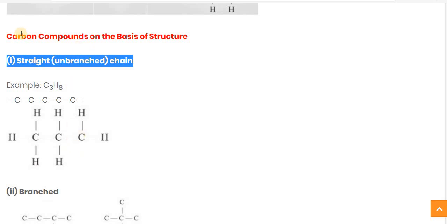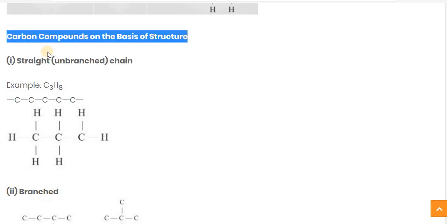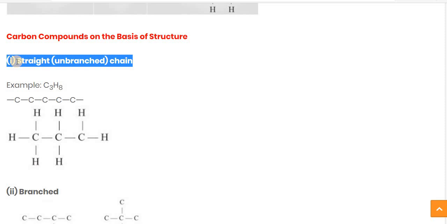Okay, so the carbon compounds on the basis of structure, the first one is the straight, or unbranched, chain. There is no branch of carbon atoms like this. So the example of an unbranched chain is C3H8.